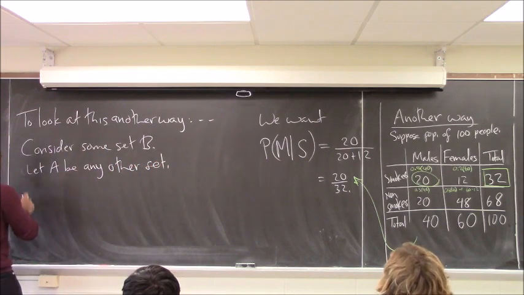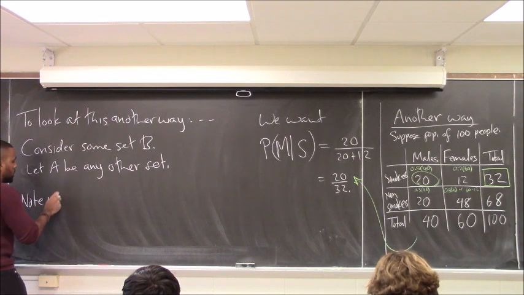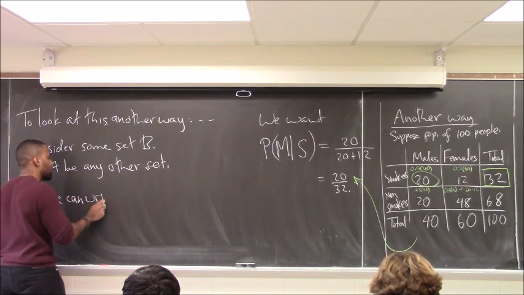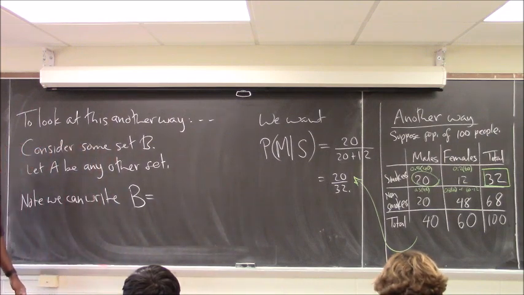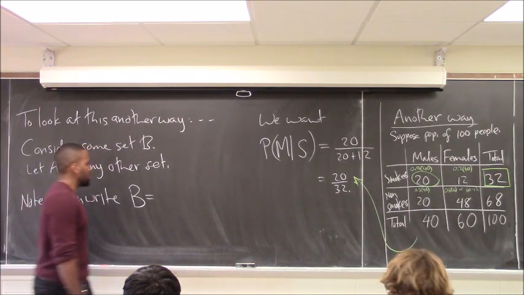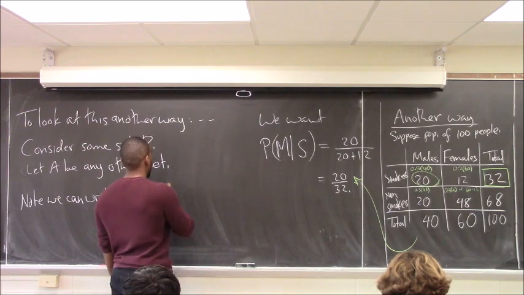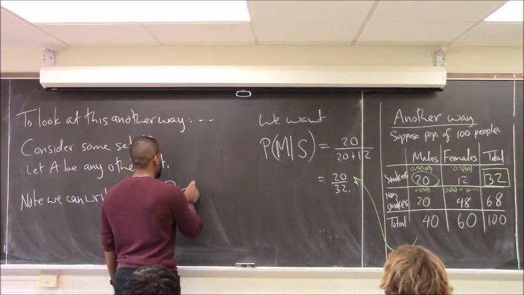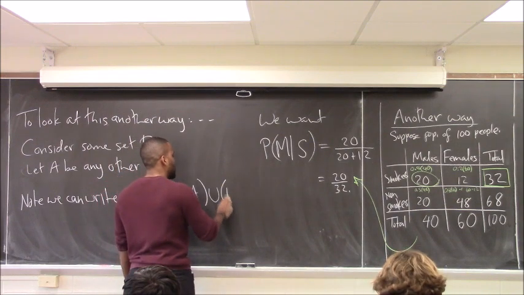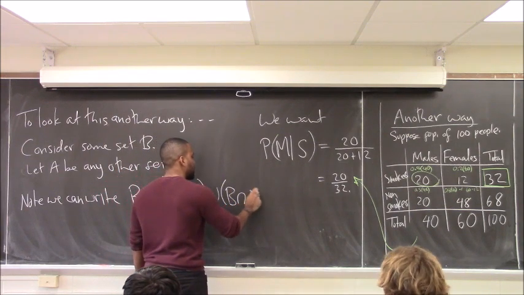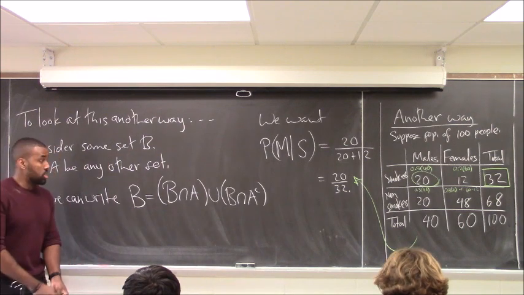I want you to note we can write B as, I can actually split B into two parts. The parts will be split thusly. The part of B that intersects with A, union the part of B that does not intersect A, or in other words, it intersects its complement.